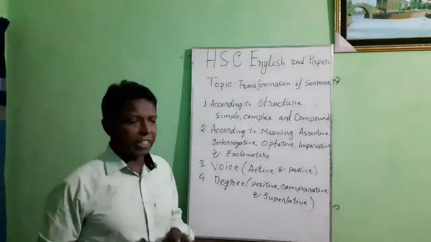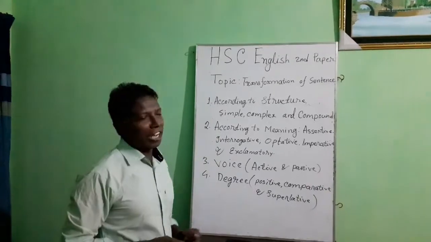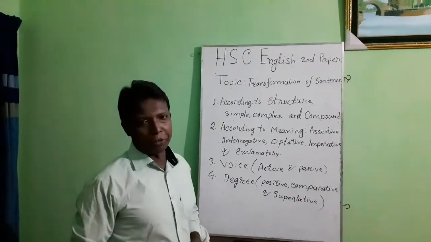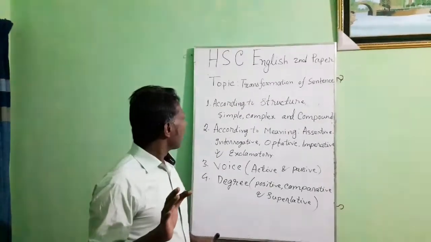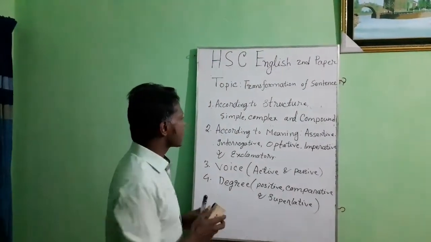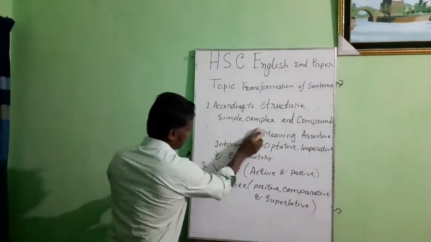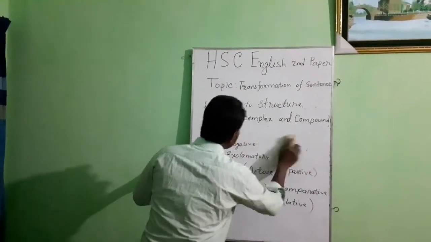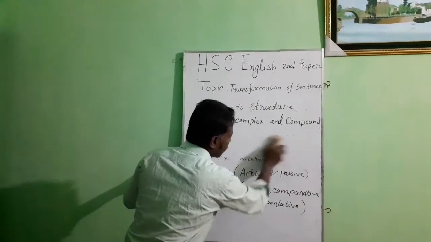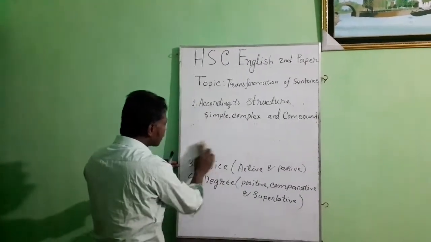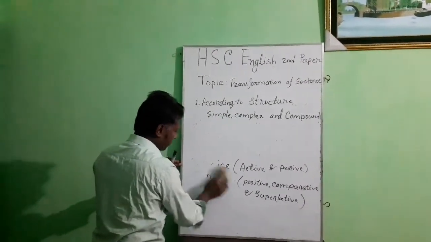Here the difficulty is according to structure, simple, complex, and compound. At first we will discuss simple, complex, and compound. Simple sentence is a sentence where we will have one subject and a finite verb.